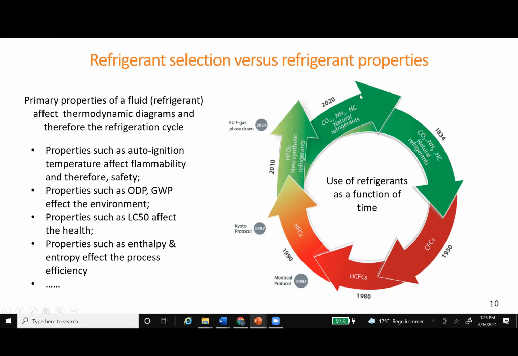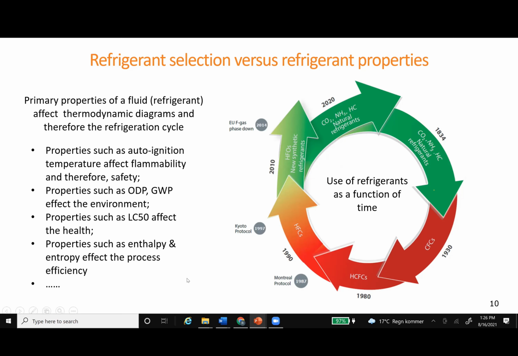And now looks like, if you look at the kind of temperatures we need to keep the COVID-19 vaccines safe and usable, we need to go very low in temperature. And at this moment, one of those refrigerants is CO2 or some very small hydrocarbons. So it looks like we are going in a circle.